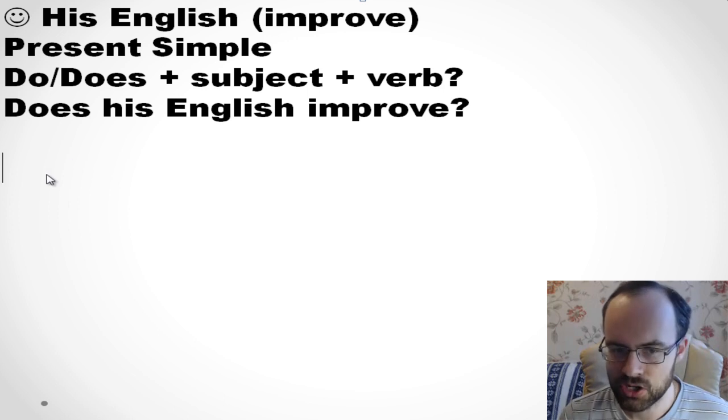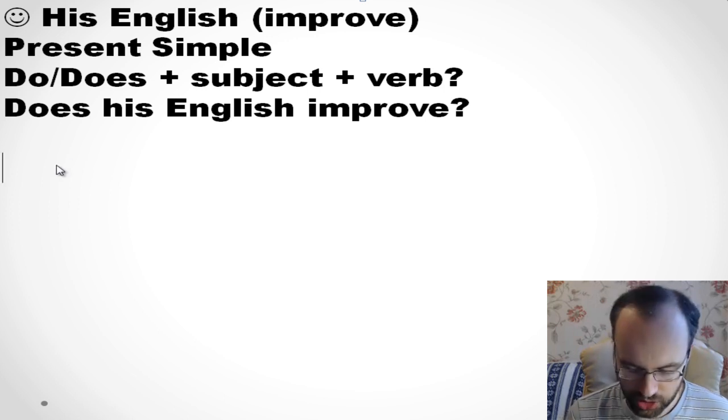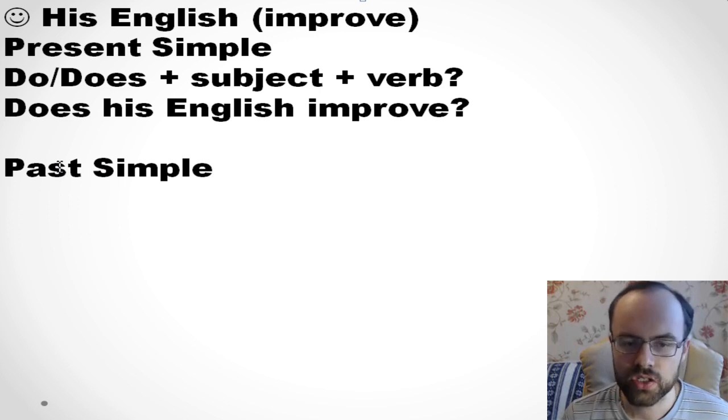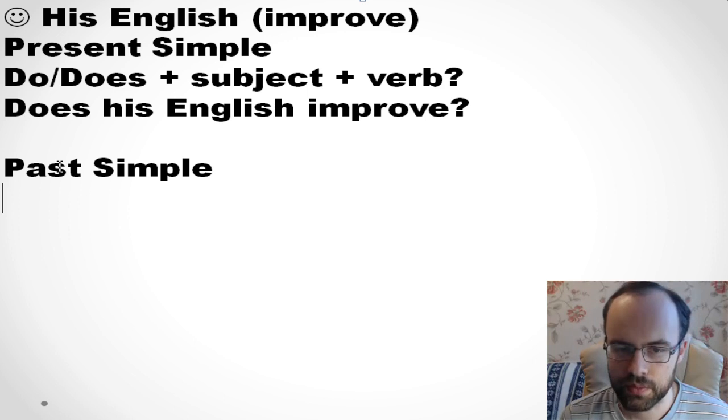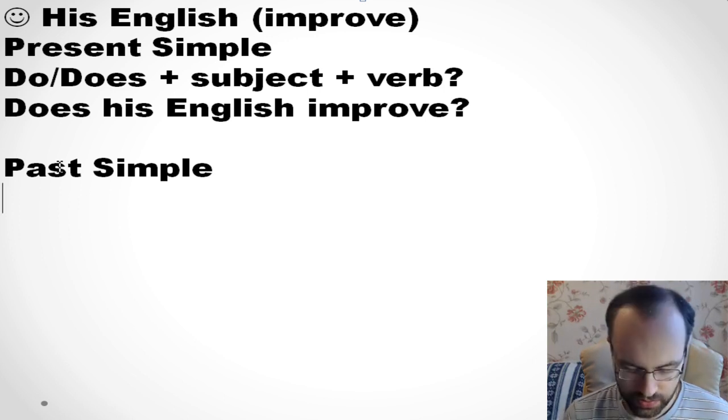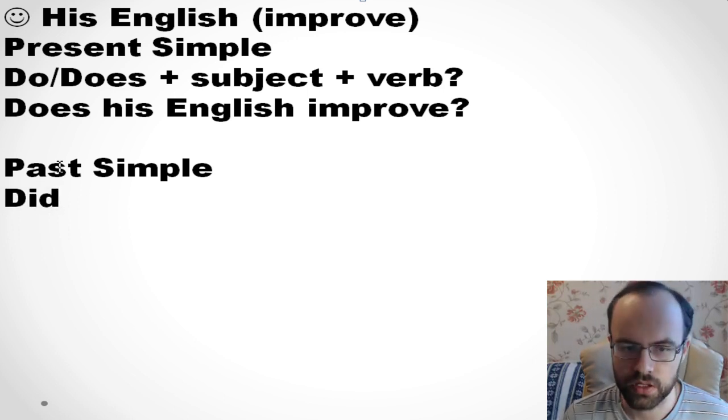Let's try to ask a question in past simple. You know that if you want to ask a question in past simple, and if you have a verb, not the verb to be, you ask it with the help of did.